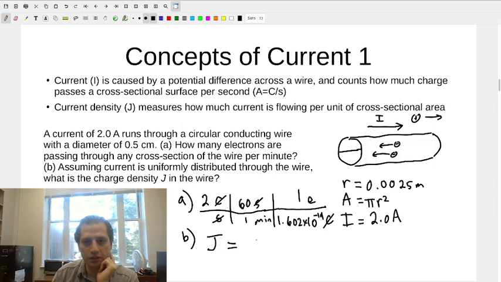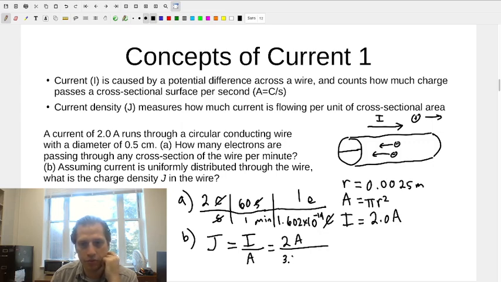Well, J I would get by just putting that I, remember this is intensité de courant from Ampère, so there's I over A. Okay, so this would be 2 amps over 3.14 times 0.0025 squared, and then that would give me meters squared. So I get an answer that's big in amps per meter squared.